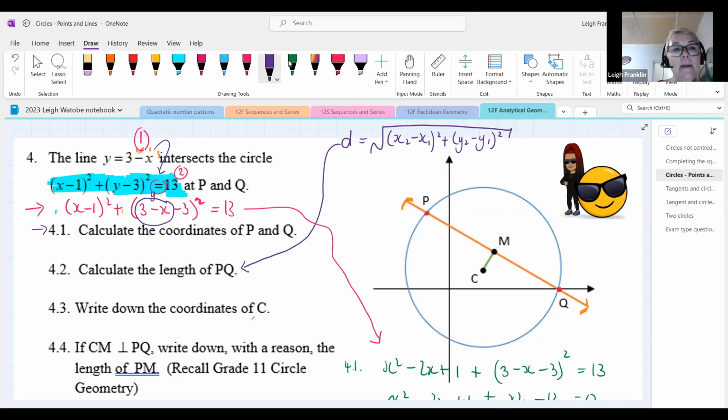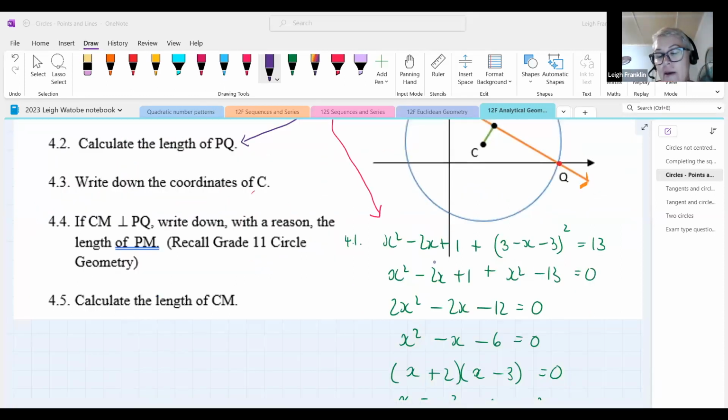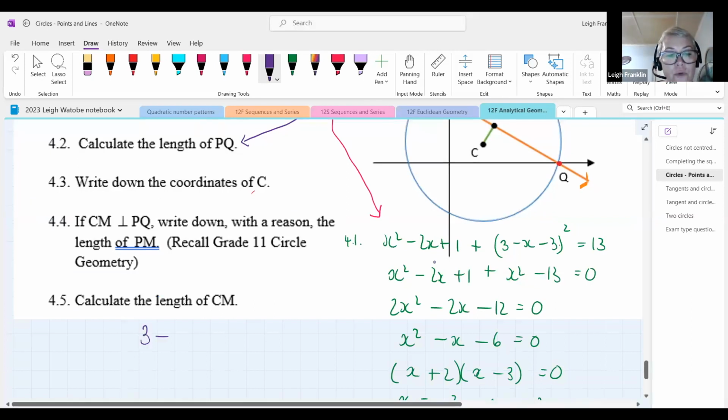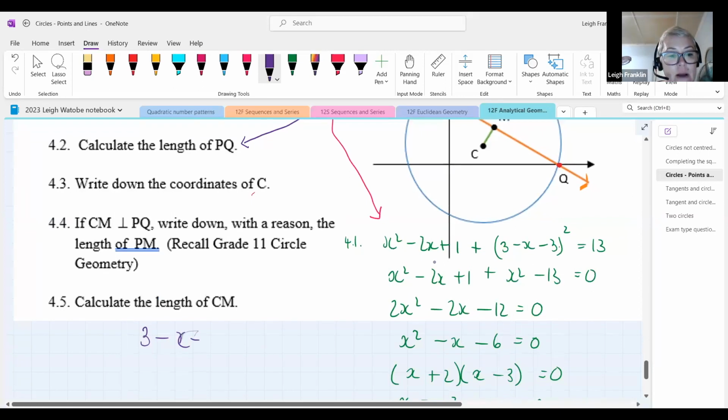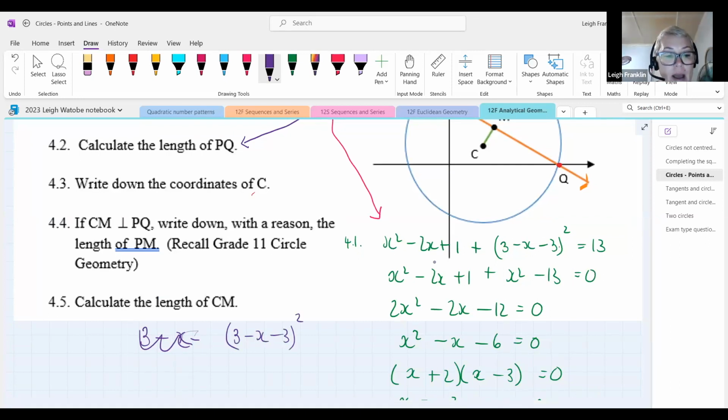Okay, Batibile, you're welcome to unmute and speak. Hello. Can you show me how you opened the bracket 3 minus x minus 3 all squared? Okay, so 3 minus 3 is going to give you 0, isn't it? So if you've got 3 minus x minus 3 and you want to square that, 3 minus 3 is 0.